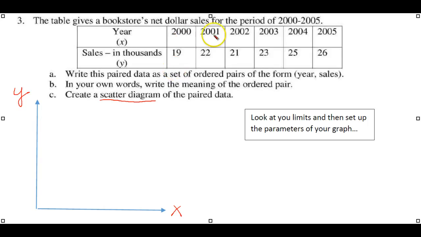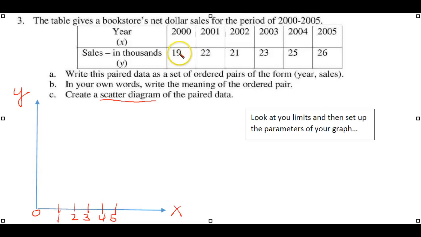Well, this is 0, 1, 2, 3. So this one's pretty straightforward. We can say that right here, this is 0, and go 1, 2, 3, 4, 5, and just have these for the years. So this would be 1, 2, 3, 4, 5. I could have spread them out a little bit more.